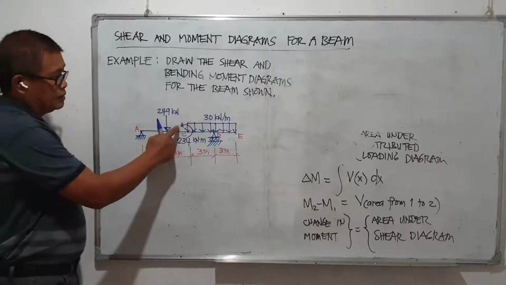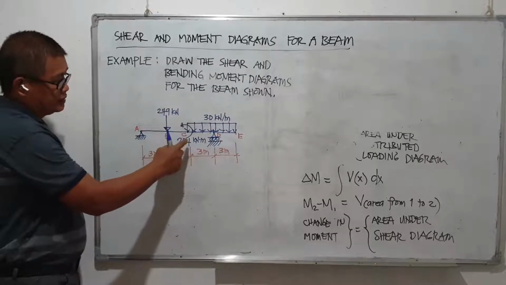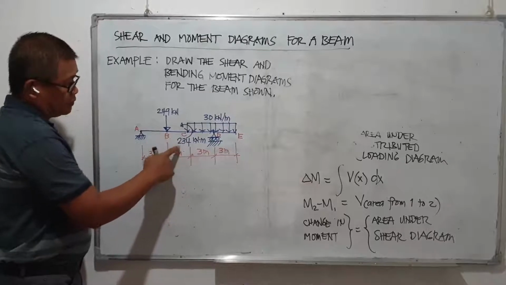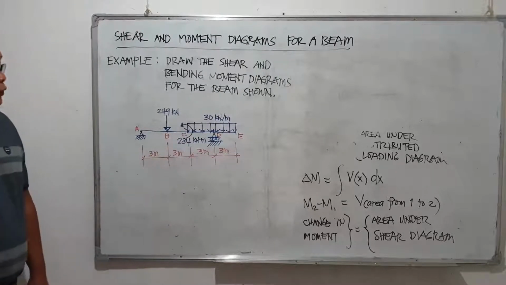And we have a counterclockwise moment acting at point C, which is 234 kilonewton meters.